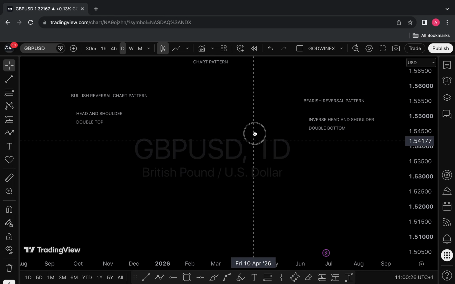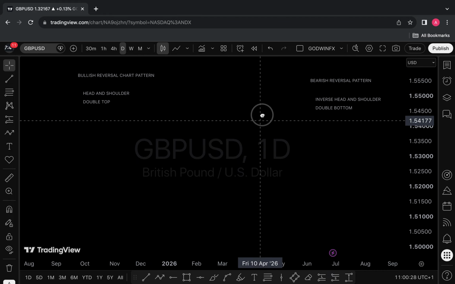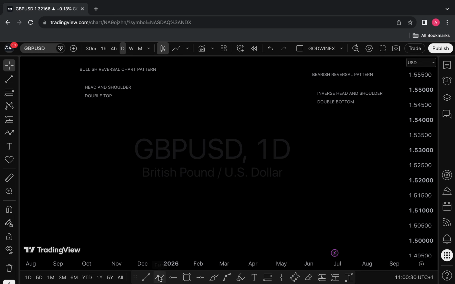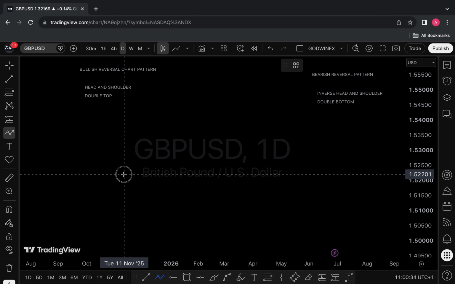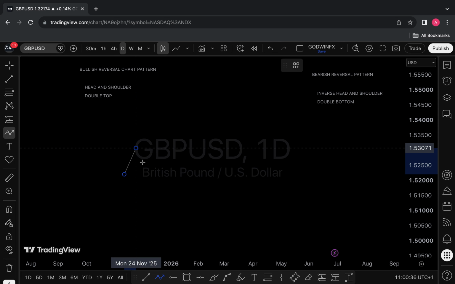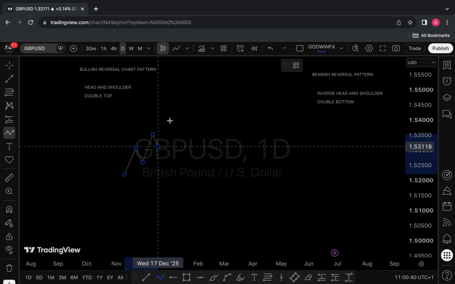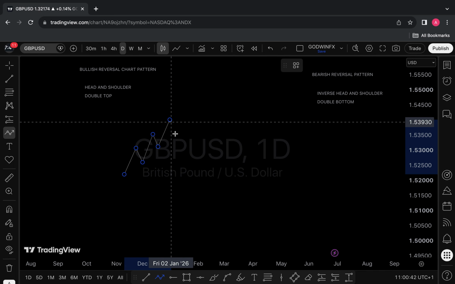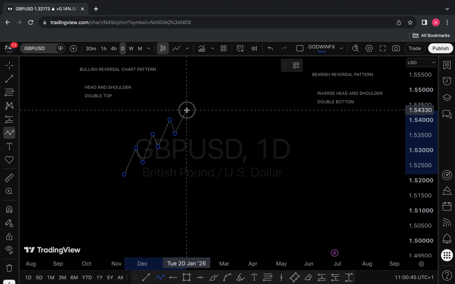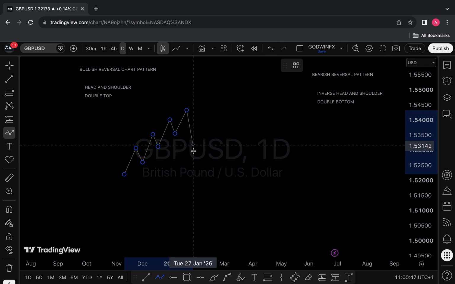Now we see the bullish reversal pattern, the head and shoulder. This is how a head and shoulder looks. For instance, let's say price was previously on an uptrend, creating a series of higher highs and higher lows. Then it got to this point, where we have our reversal.